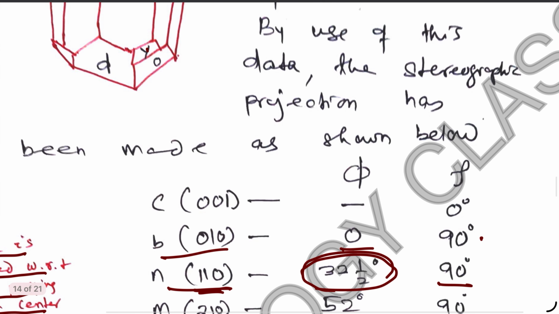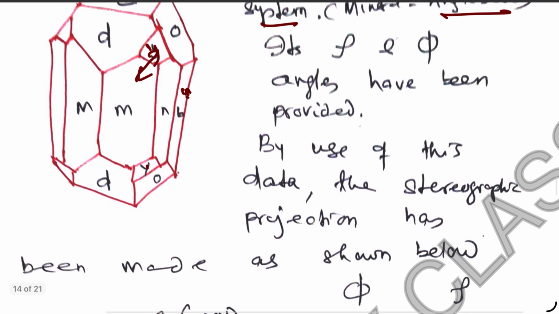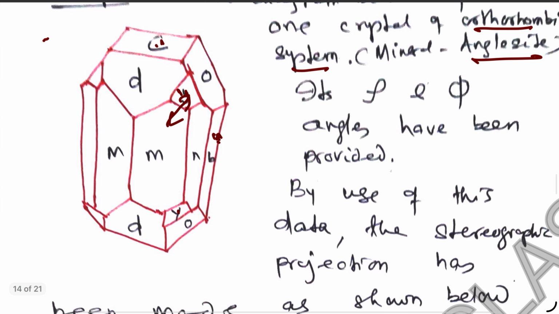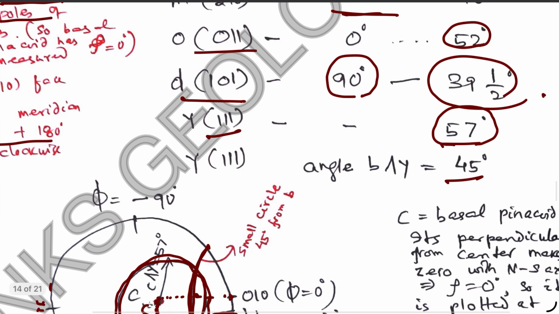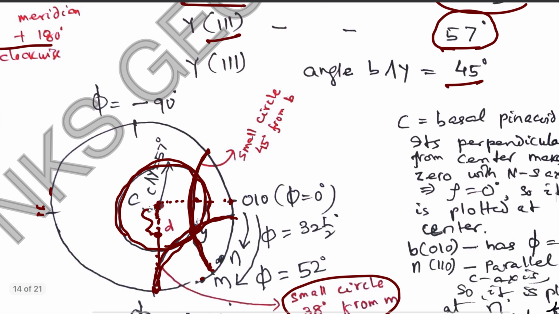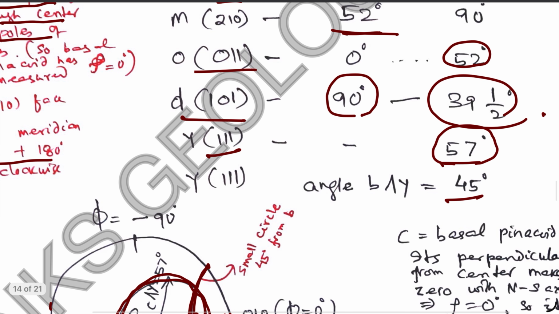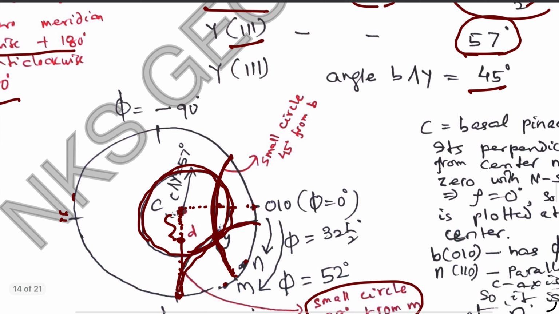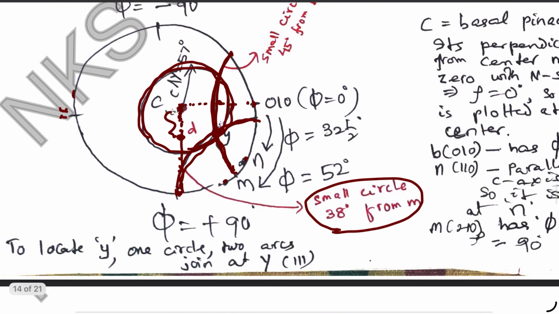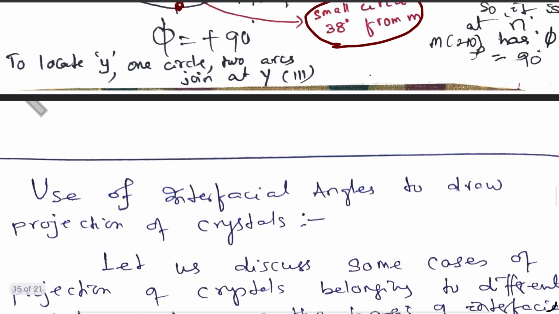So in this manner, all the faces of this crystal model are transferred to the equatorial plane: D, N, M, C, then O, point O.